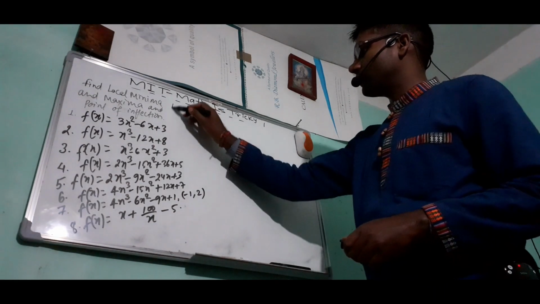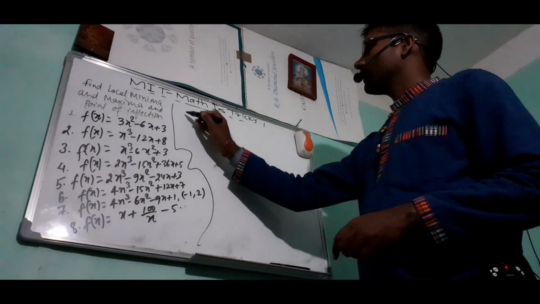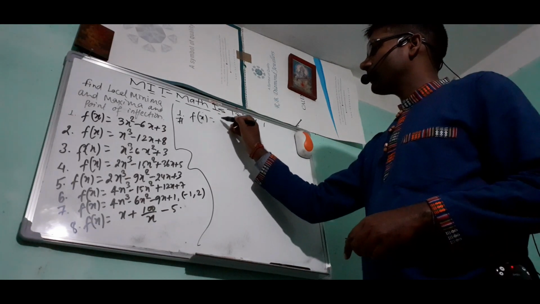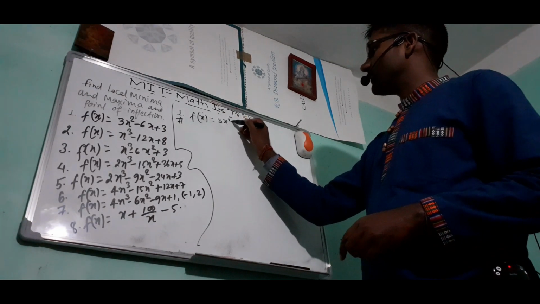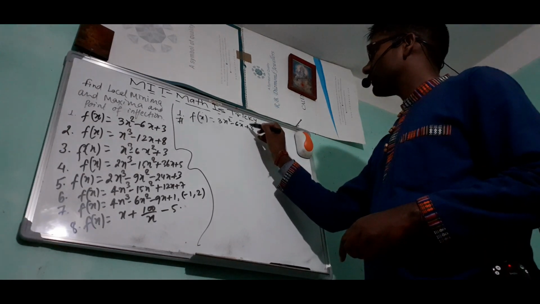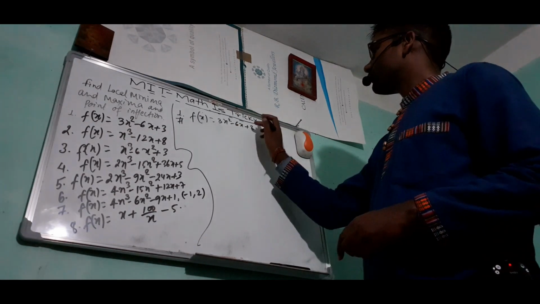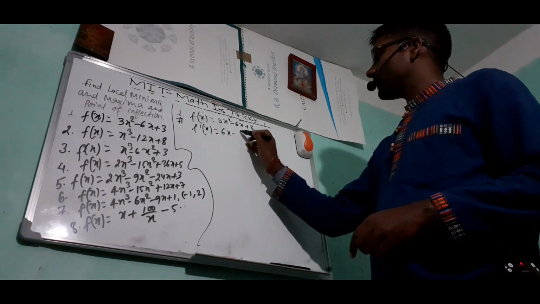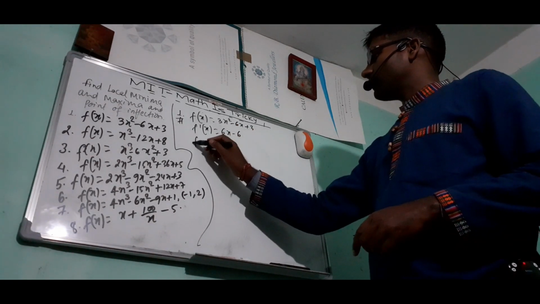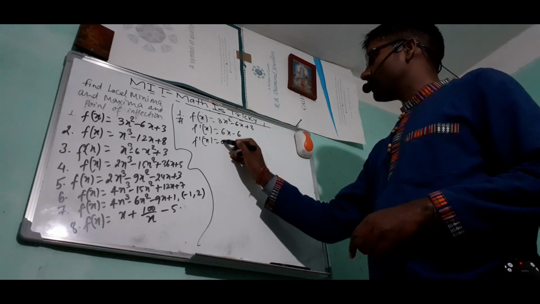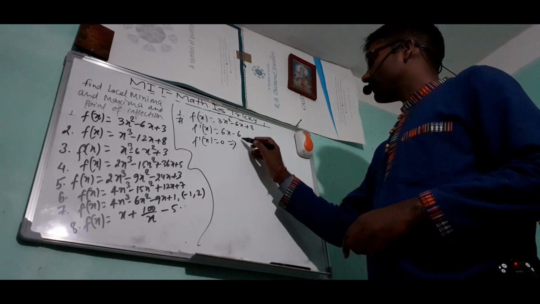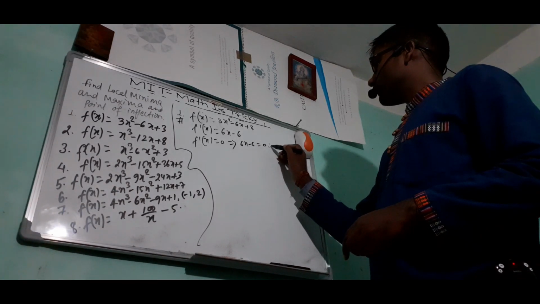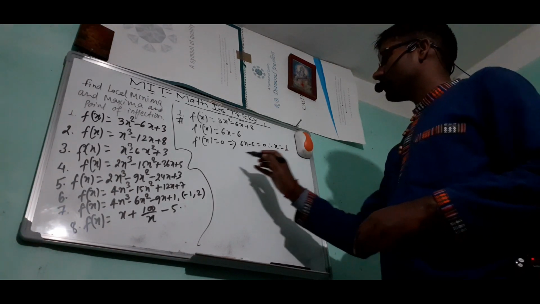First question, number 1. f(x) is given to be 3x² minus 6x plus 3. So f dash x will be 6x minus 6, and f dash x equals 0 implies 6x minus 6 equals 0. Therefore we can write x equals 1.